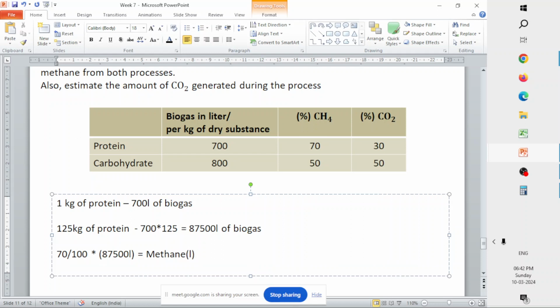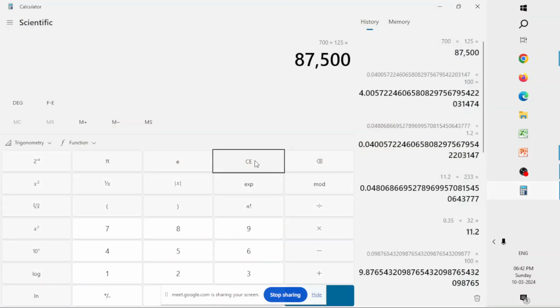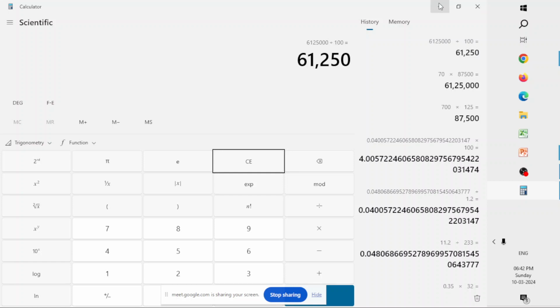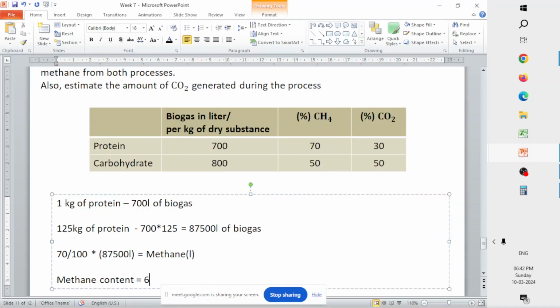So the methane content will be 70% of this 87,500 liters, which is 61,250 liters of methane I will be generating.